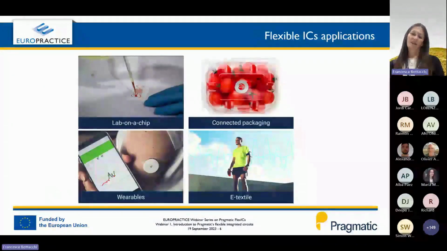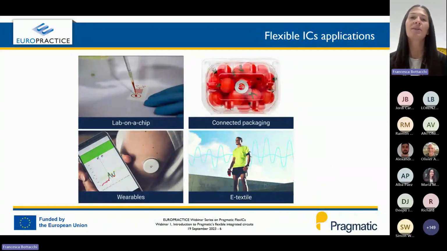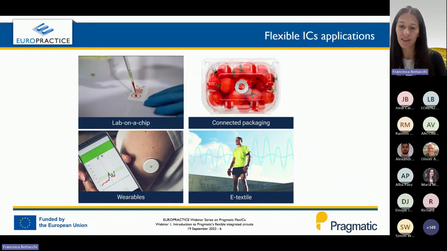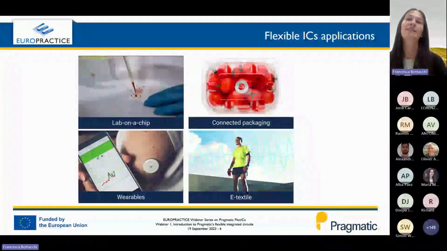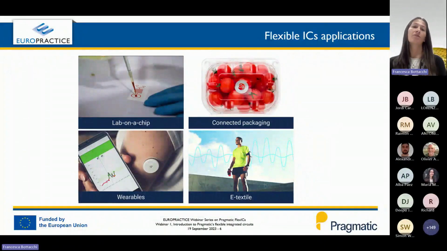Some of the newest applications that can be enabled by flexible ICs, combined also with flexible electronics, are, for example, in the microfluidic sector: on a lab-on-a-chip device, you could add a flexible IC to increase the functionalities of your microfluidic device and add some intelligence to it.